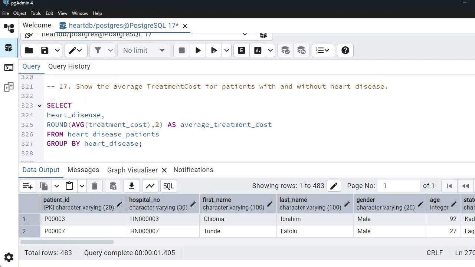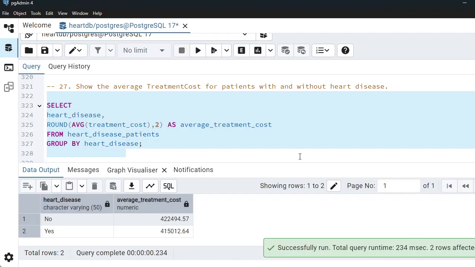So now the question says show the average treatment cost for patients with and without heart disease. So from the heart disease table, we select average treatment cost as average treatment cost and group it by heart disease. Now we have the average treatment cost.